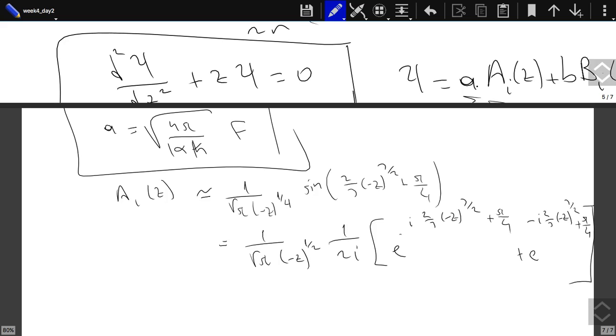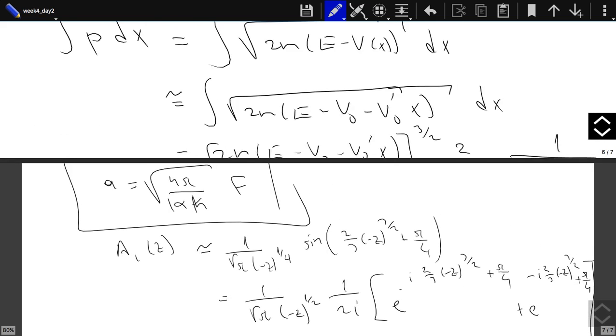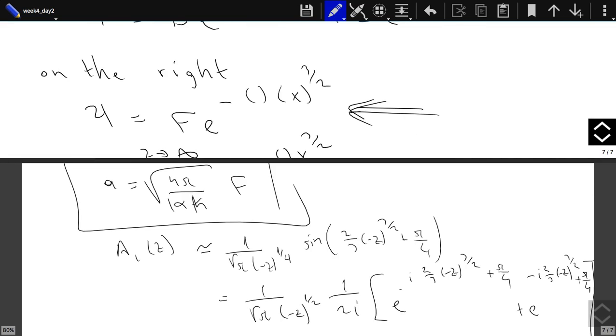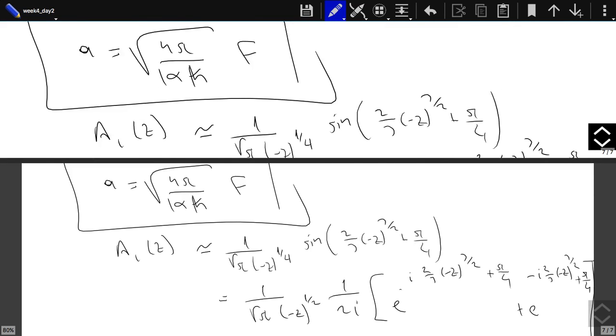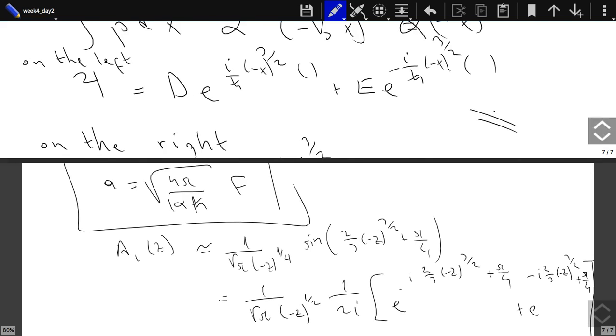We also know what A is in terms of our solution in the forbidden zone. This is our solution in the allowed zone. If you look at our solution in the allowed region, it is this one. Z is proportional to x, so instead of x we use z.